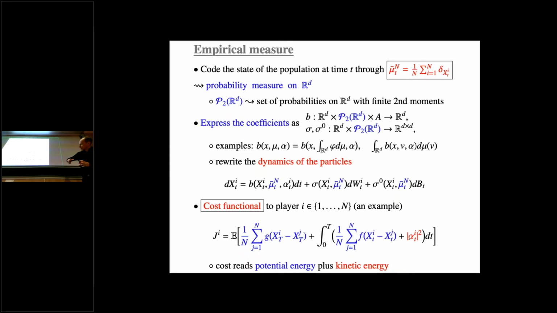And in the red term, you have a kind of kinetic energy. You compute the square of the control. This is a very basic model. And as for X^i, you could say that B is just alpha, sigma is 1 and sigma naught is 0. This would be a very, very simple model in practice.